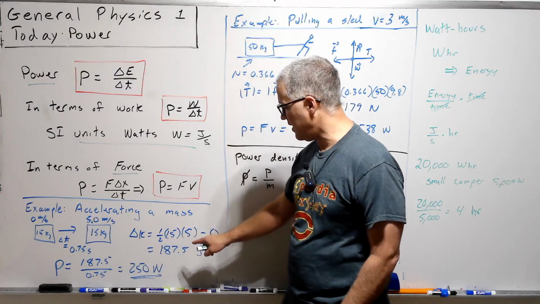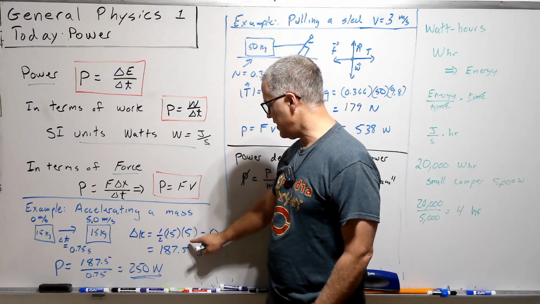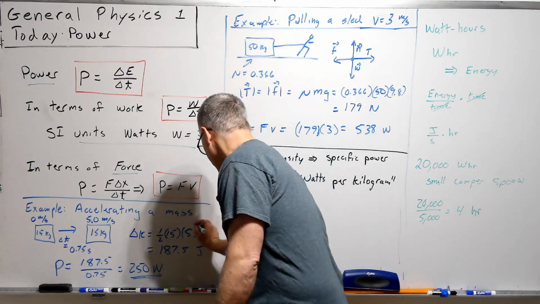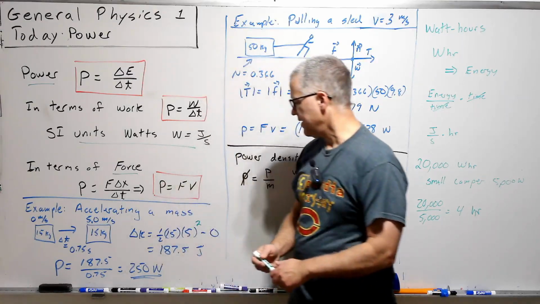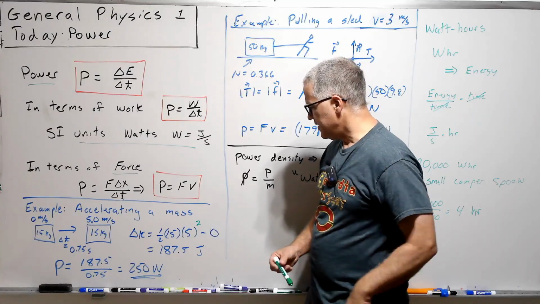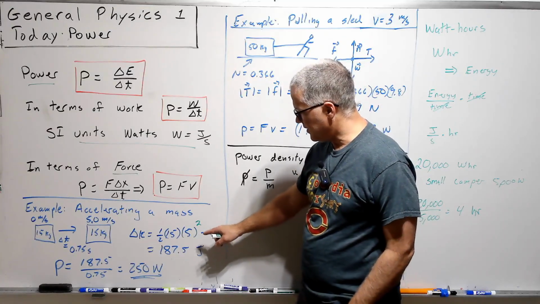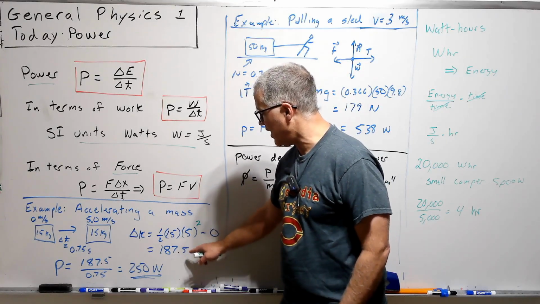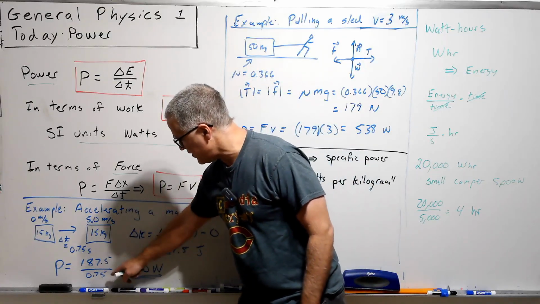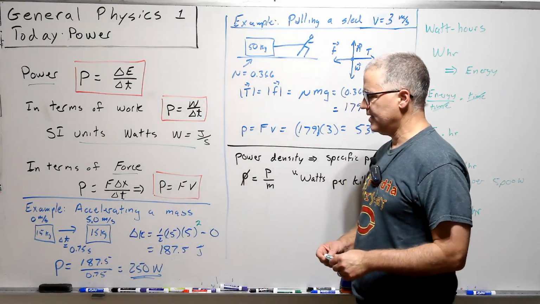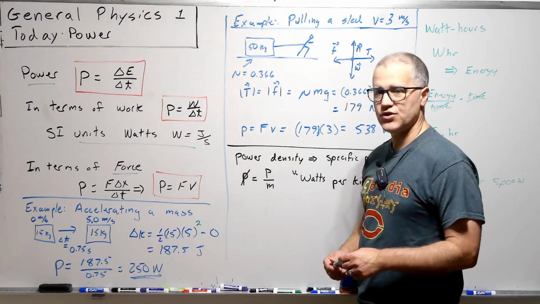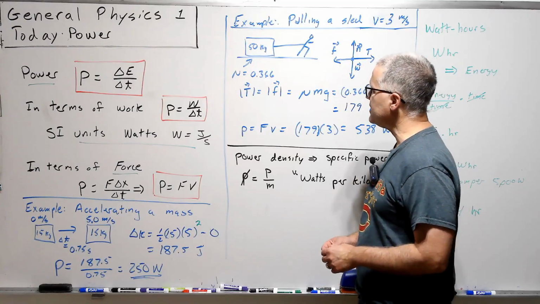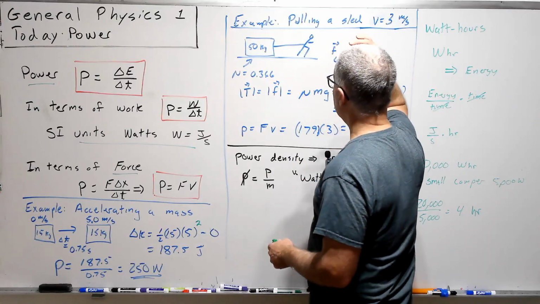And so we'll have 1/2 m v squared. So we get 187 joules, and then we delivered that over 0.75 seconds. So that's 250 watts.